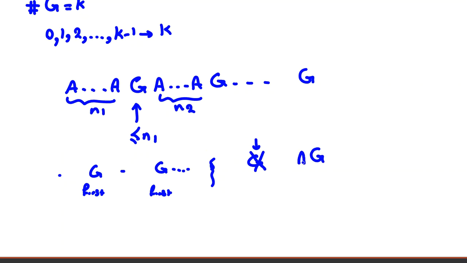You have these g's, so you have some number of a's here, some number of a's here, g, and so on. It is, for example, first g, second g to kg. So it is the first g that we can't apply on, and then the third g to kg.